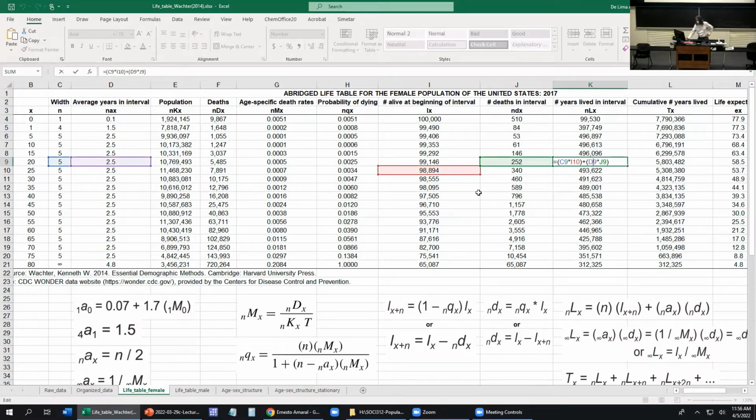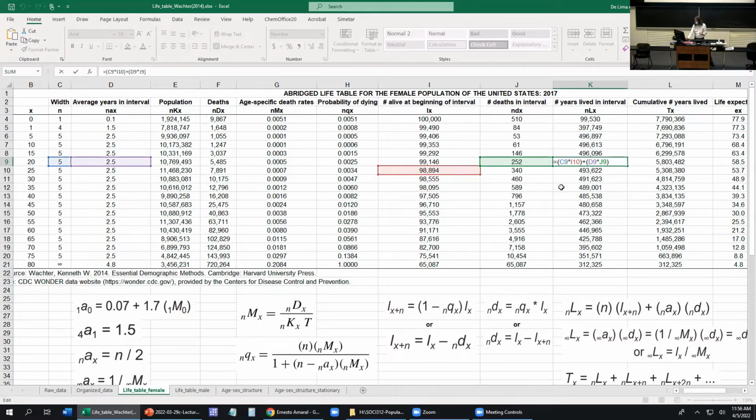So for example, for this LXN for the age group of 20 to 24, 98,894 people survived to the age group of 25 to 29. How many years did they all live in the previous age group? Since all of them survived to the next one, they all lived 5 years in the previous age group. So it's 5 multiplied by 98,894.